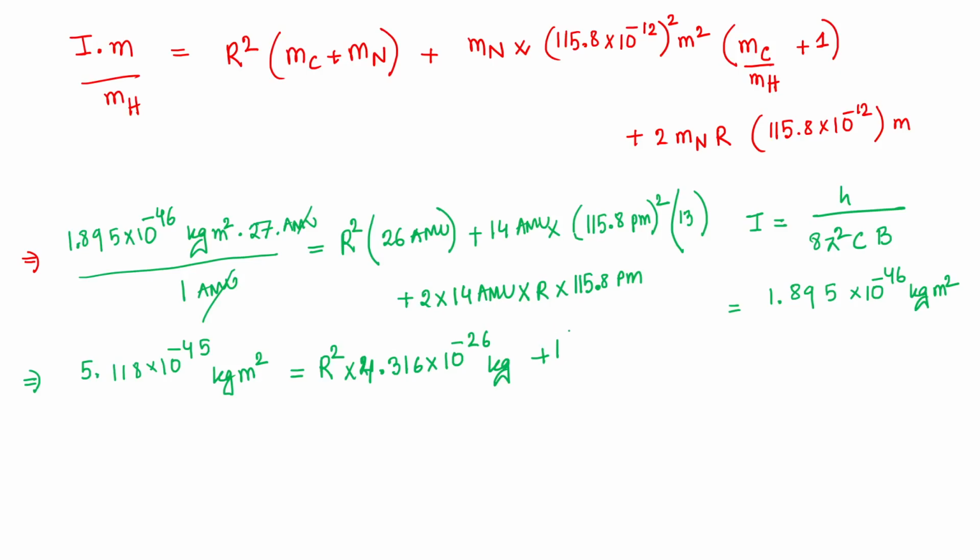From this side we are getting something like, for the second part, 4.051 into 10 to the power minus 45 kg meter square.